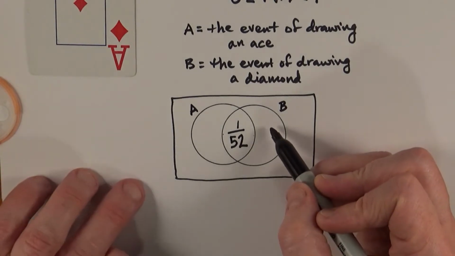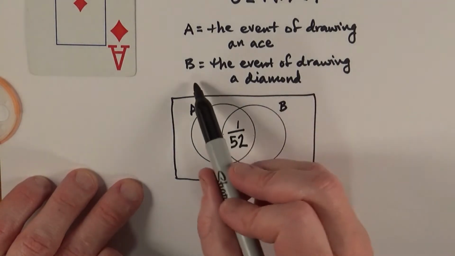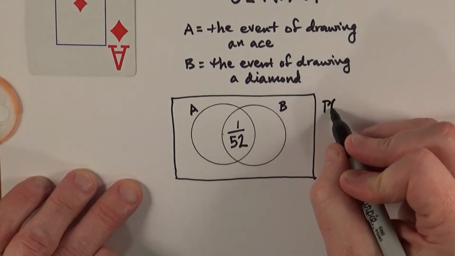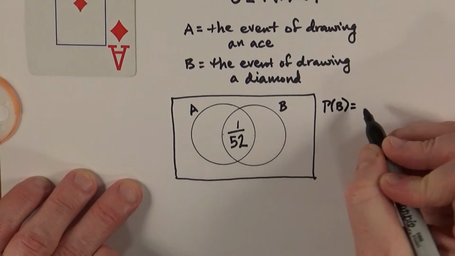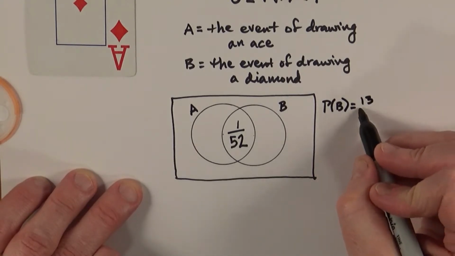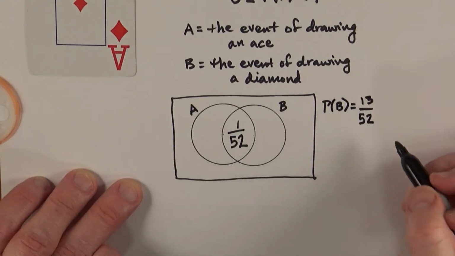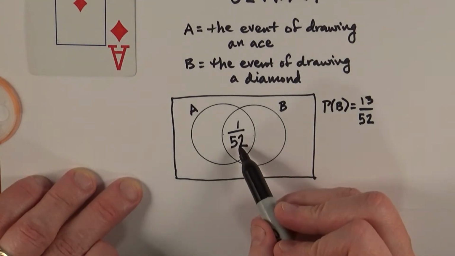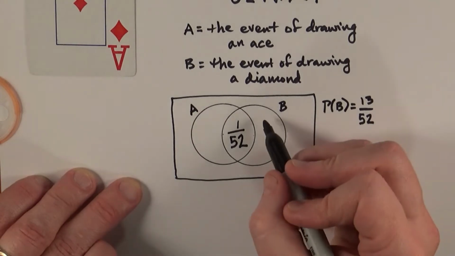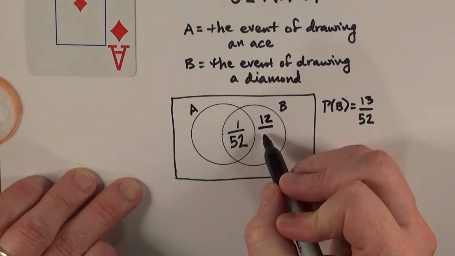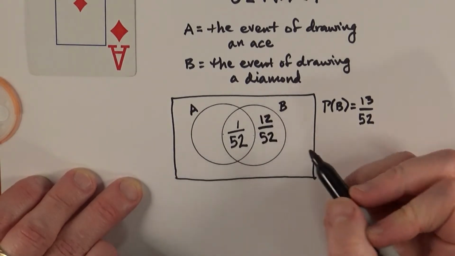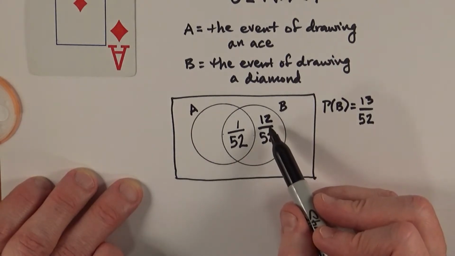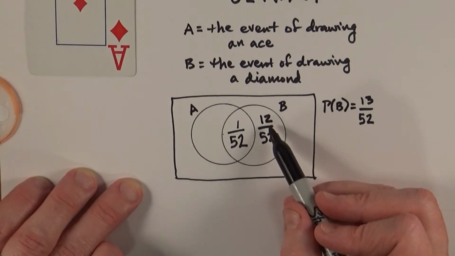I'd now like to find the probabilities for the rest of B. What's the event of drawing a diamond? I need to know the probability of B. Well, how many diamonds do I have? I think I have 13 out of 52, as long as I have a standard deck. So if I already have 1 out of 52 here, then I'm going to have another 12 out of 52 in this region, so those 12 cards are not the ace of diamonds, they're the 2 through king.